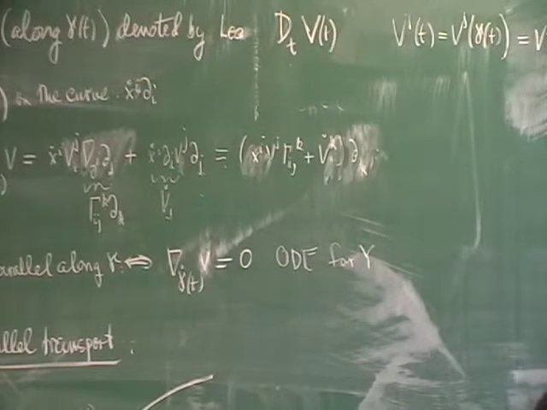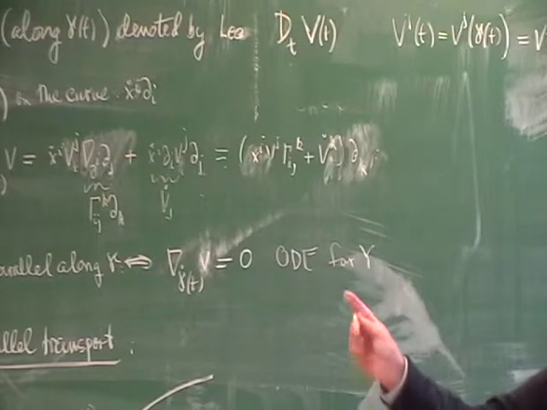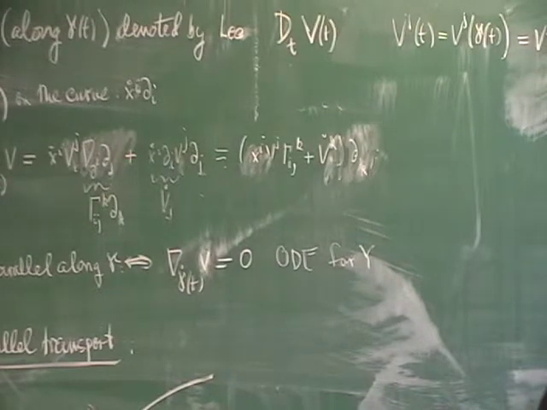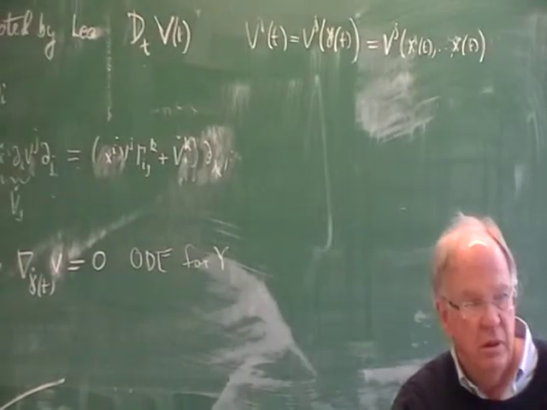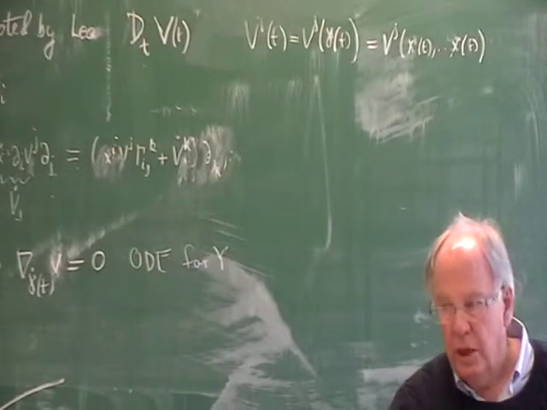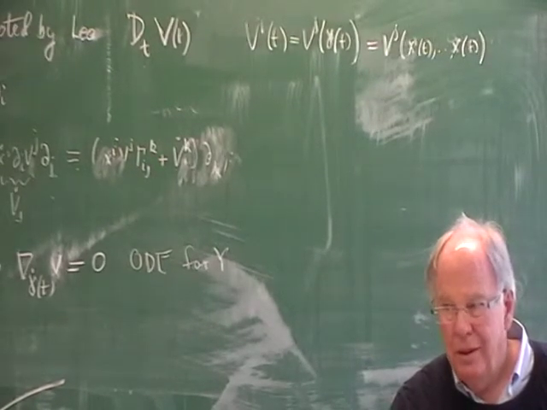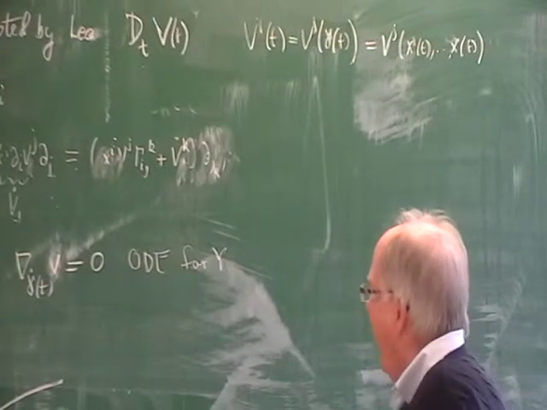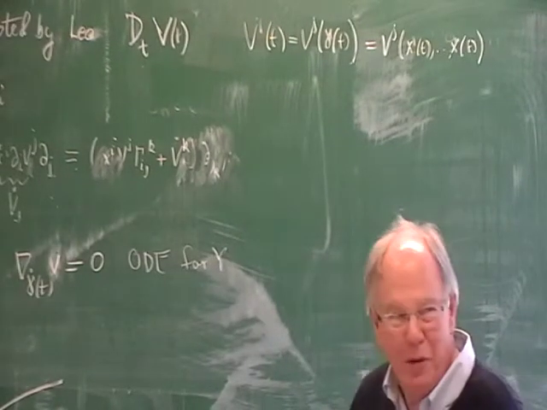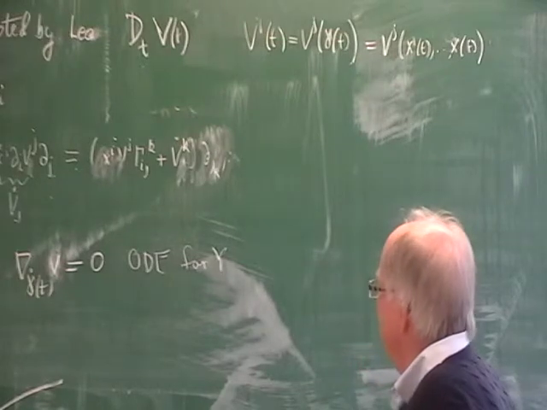So y being unknown, I want to find y along the curve, which is parallel in that sense. An ODE requires initial values. Initial values for a first order ODE is the point and the tangent vector, right? You okay on that or not? Where is the y there though? Maybe that's what you meant by y.